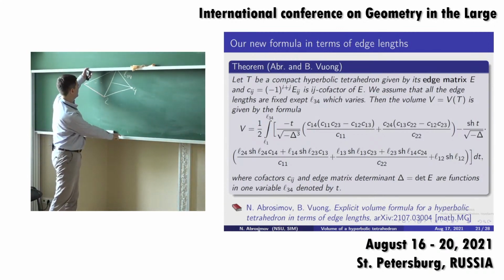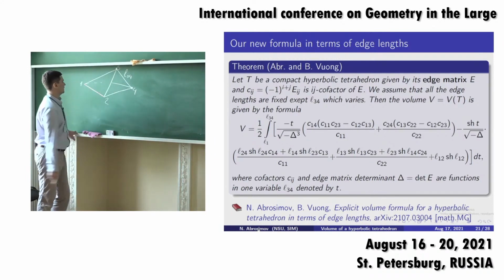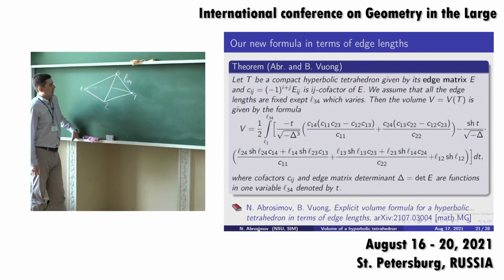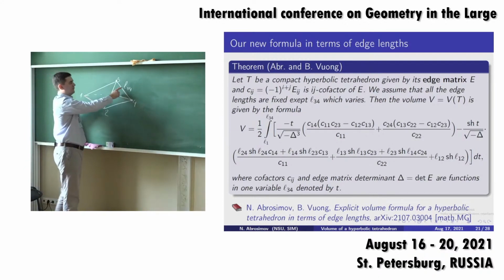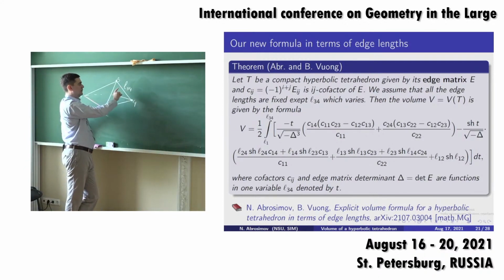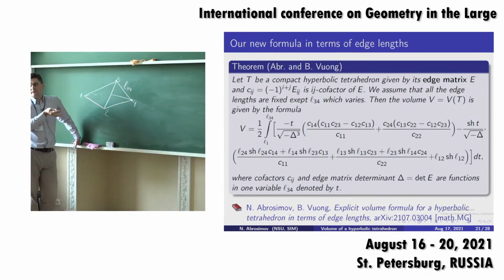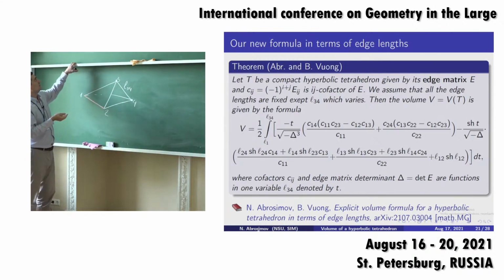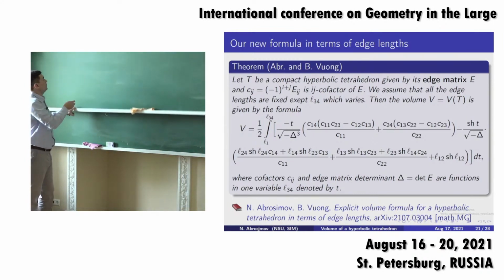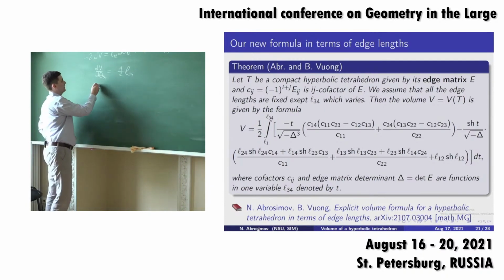But in our approach, I can show you again this construction. When we change the distance between vertices 3 and 4, when L34 varies, all 6 diagonal angles also vary. So what do we have in the Schläfli formula?